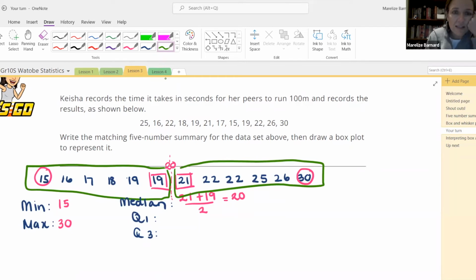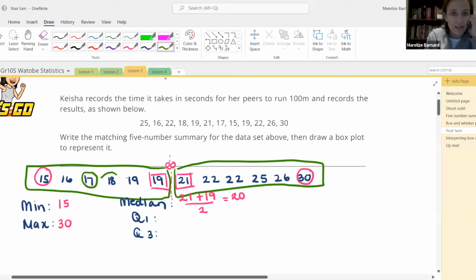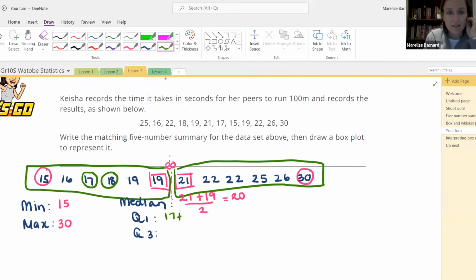So we're actually now going to include the 19 in the lower half and the 21 in the upper half. So in the lower half, that gives us again 1, 2, 3, 4, 5, 6 data values, which means we have to take these middle two to work out the lower quartile. So 17 plus 18 divided by 2. Yeah, so the lower quartile is 17.5.